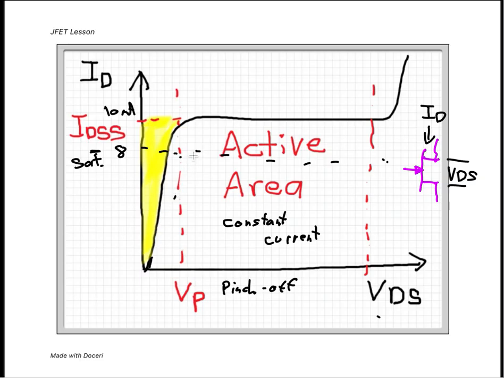And then this is going to be kind of like that. This would be constant like there, and then kind of join up to there. So you can have the current constant, but at a current less than IDSS, which is fine.